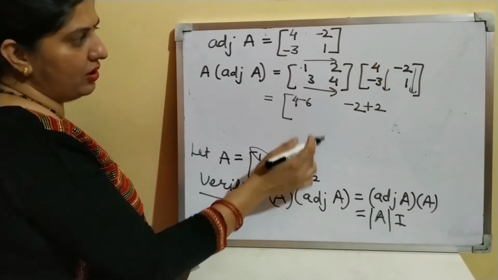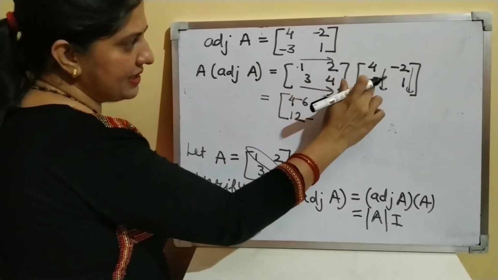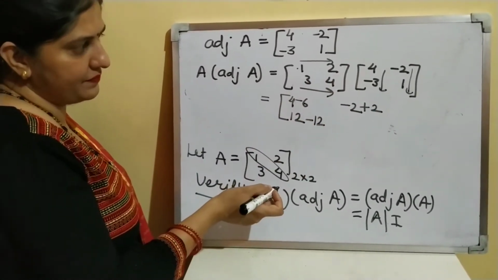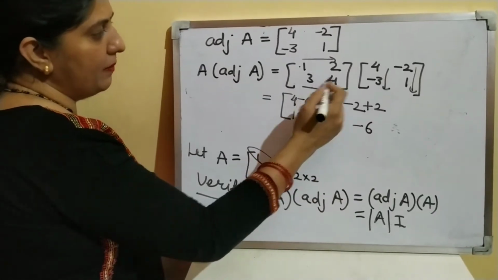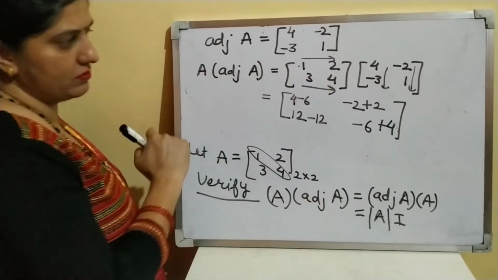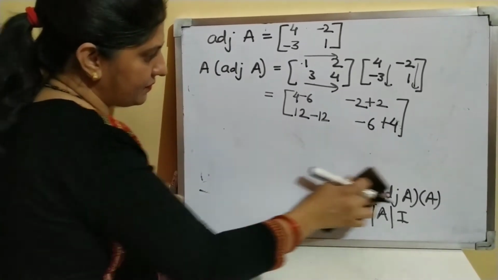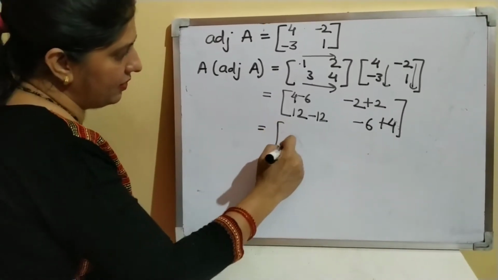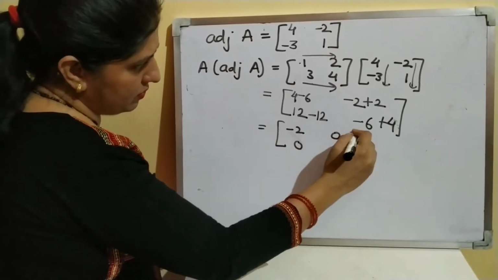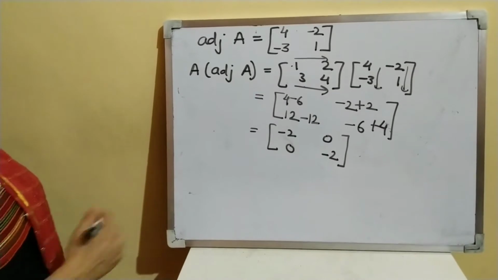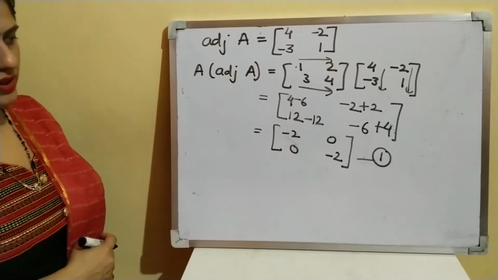Second row with first column. 3 into 4, 12 plus 4 into minus 3, we get minus 12. Second row with second column, 3 into minus 2, minus 6, plus 4 into 1. Now just simplify it. What you get, see here? We get minus 2, 0, 0, minus 2. We will give this the number 1.